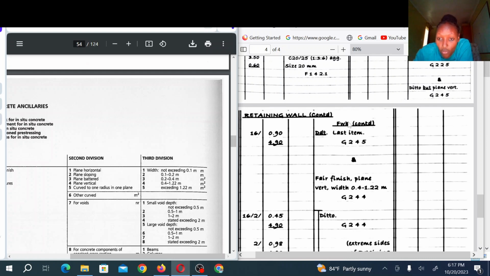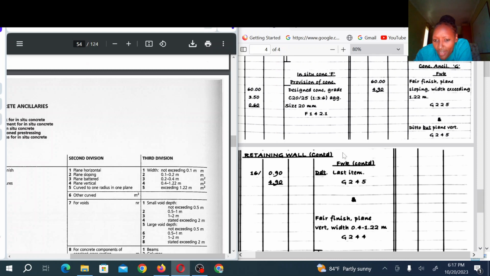We shall deduct the last item for the plain vertical for the piers. Also, fair finish plain vertical width 0.4 to 1.22 meters, G2 4 4.